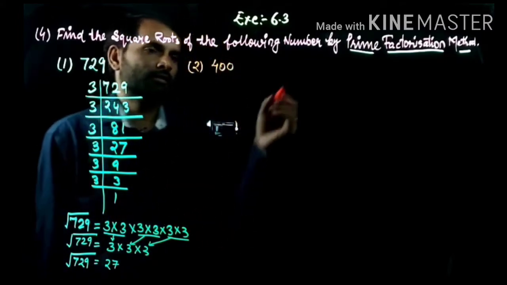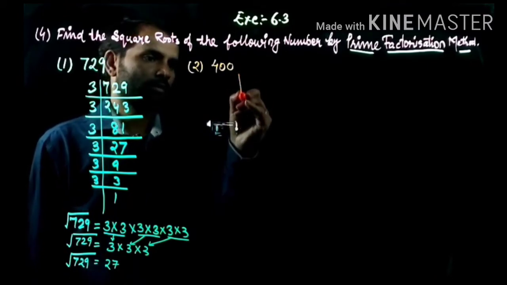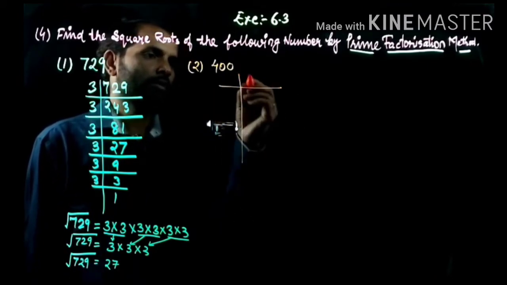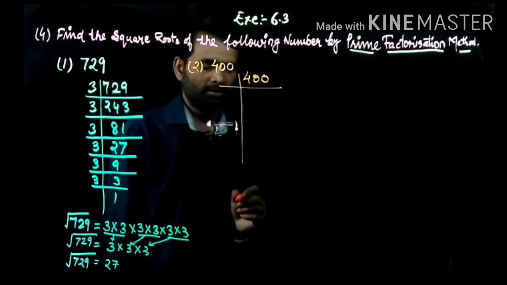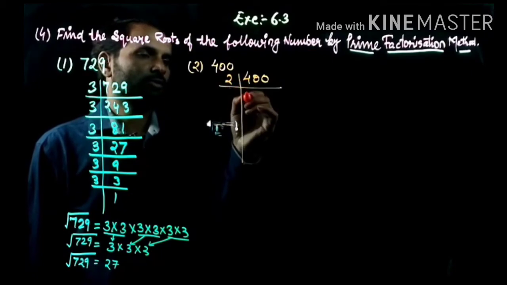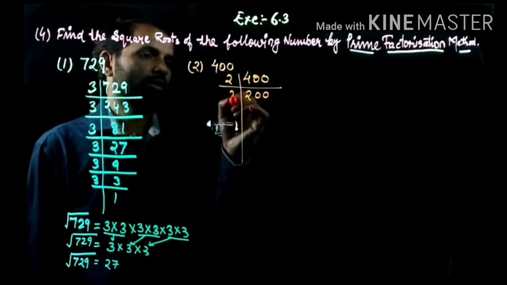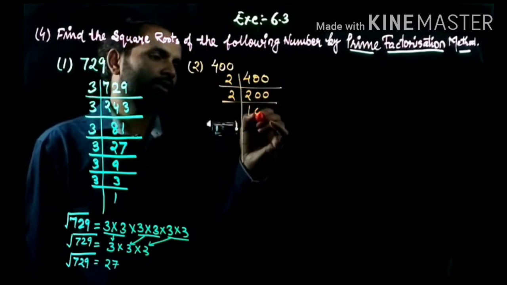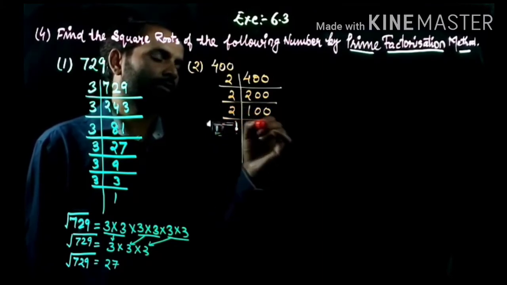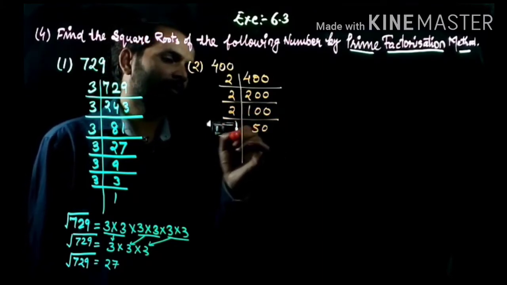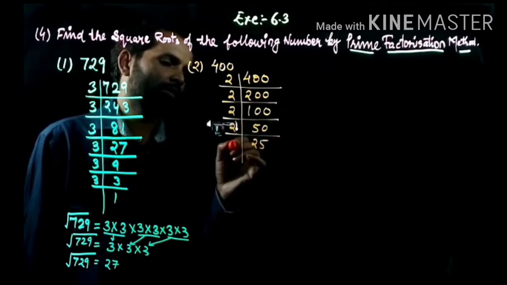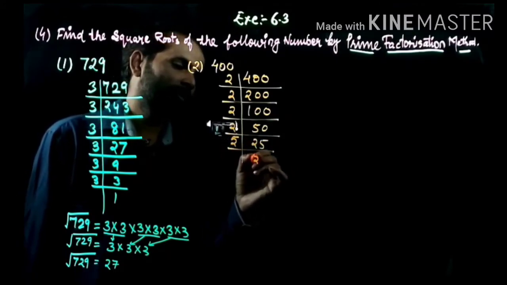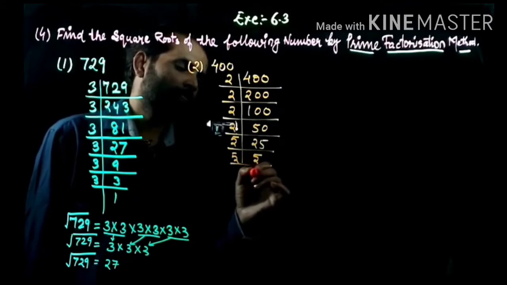Okay, write the 400. 0 will be an even number, you divide by 2, 2 2s are 4, 00, again 2, 2 1s are 200, again 2, 2 5s are 10, and 0, 2, 2 2s are 4 and 2 5s are 10, then again this is a 5 divided by 5, 5 5s are 25 and 5 1s are 5.